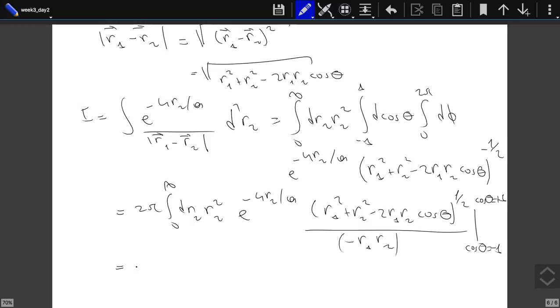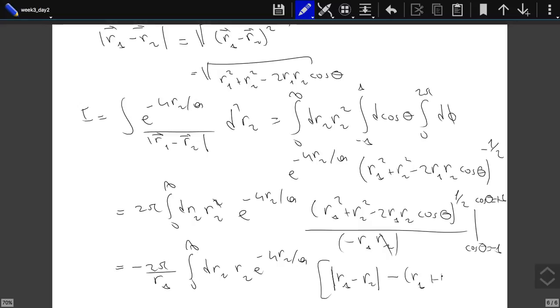So this will be 2 pi over R1, and R2 just cancels one of them. From 0 to infinity, R2 e to the power minus 4 R2 over a. And here, if I put cosine theta equal to plus 1, I get the absolute value of R1 minus R2, minus, if I put cosine theta equal to minus 1, R1 plus R2.